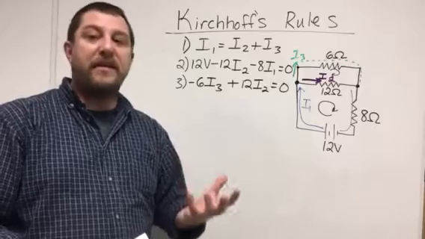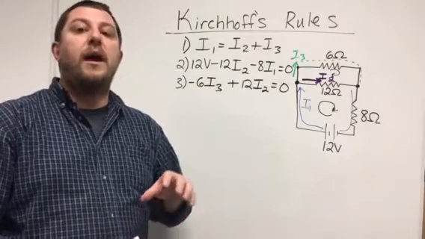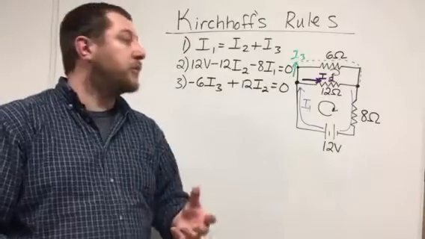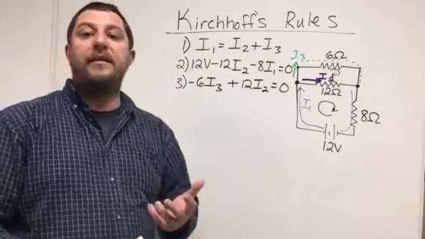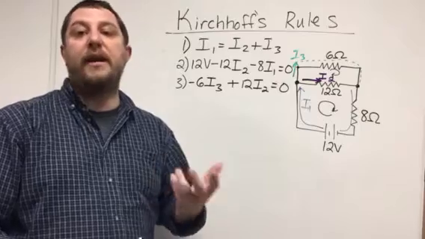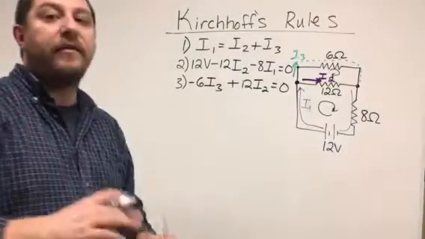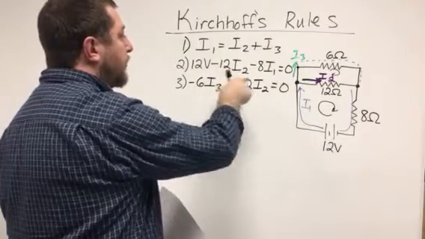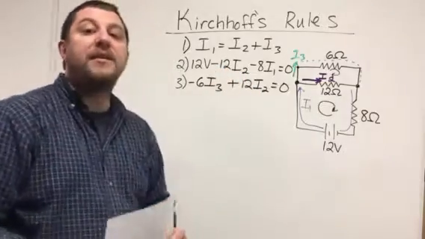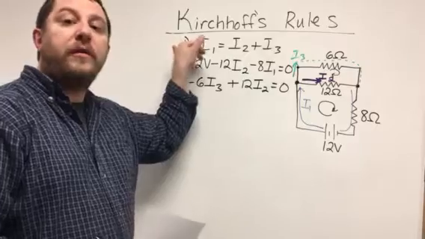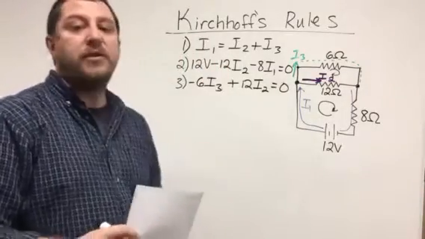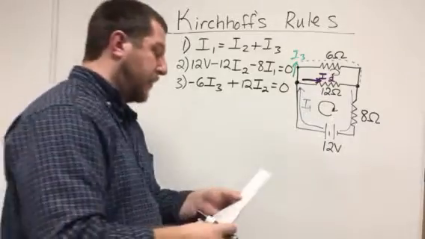There are several different methods for solving systems of equations, but without computers or appealing to matrices, linear algebra, one of the better methods is substitution and elimination of a variable. So since I have I2 in both of these equations, it might make sense to solve equation 1 for I2 and then insert that into these 2 equations and see what happens.